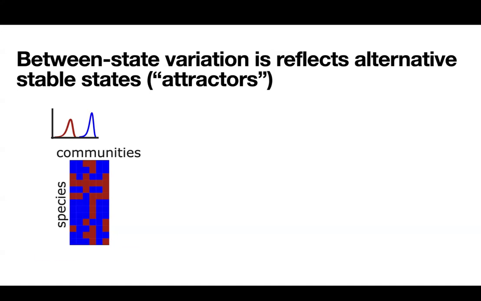We have communities that are similar in which species are in the high versus low abundance state, and other communities that are different in this composition, where composition means whether species are in the high or the low abundant state.